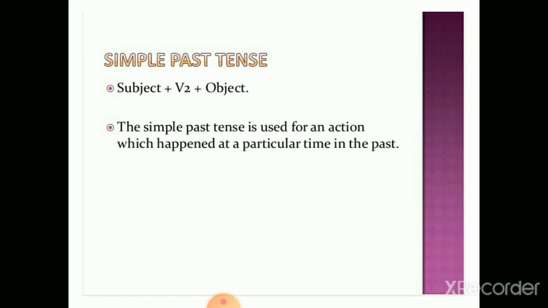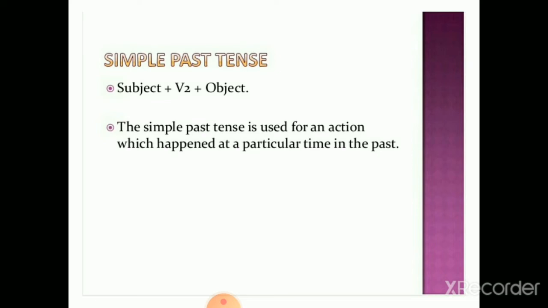Now, simple past tense. How will you recognize that this tense is simple past? In simple past, in affirmative sentences, you will always find the second form of the verb.